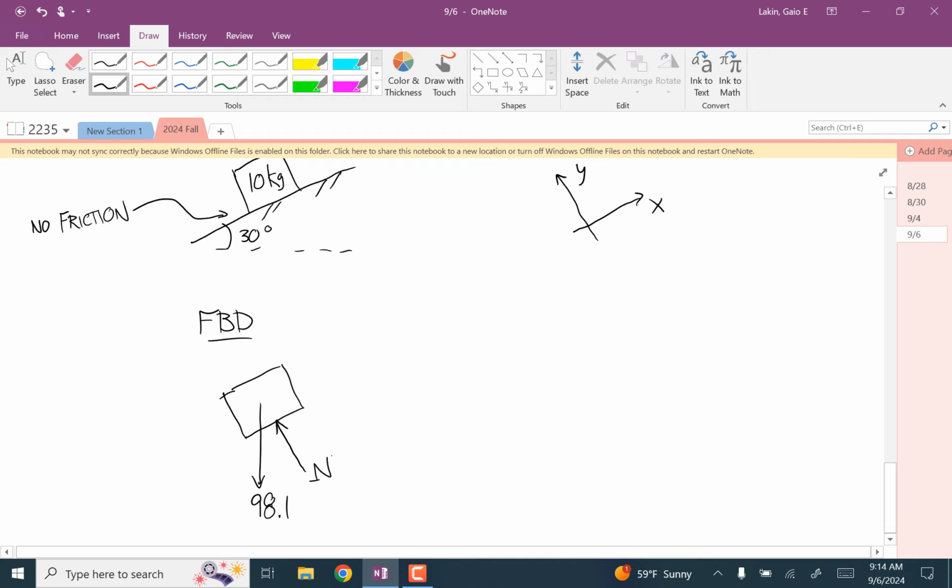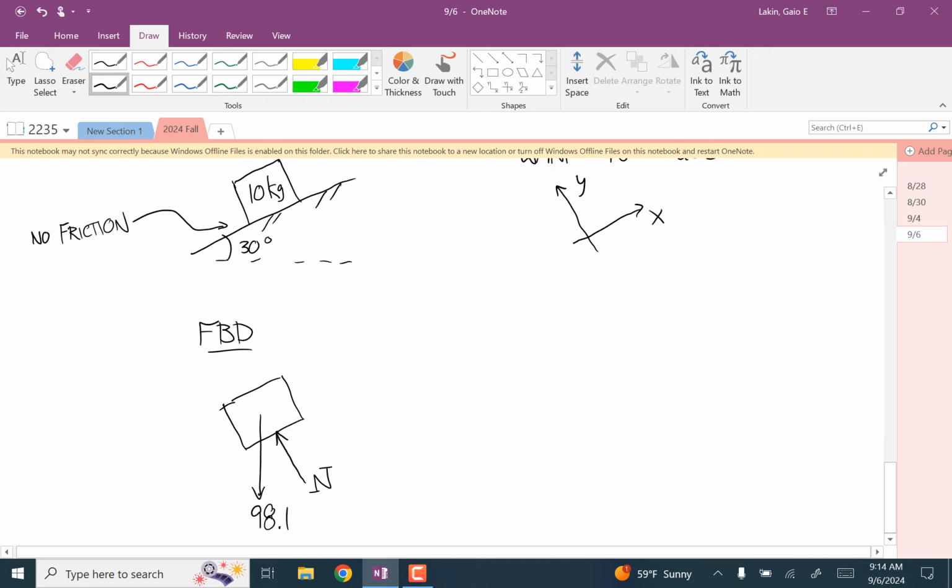I'll call that N. Okay. And now we want to go to Newton's second law. Well, in this rotated coordinate system, that N is easy. That's just in the positive Y direction. But if you remember, when you rotate these coordinate systems, the thing you have to worry about is the weight force, then you have to come up with the components for that.